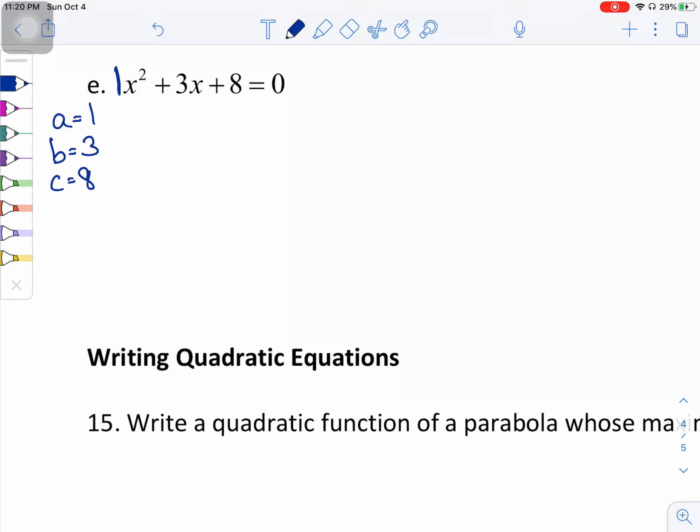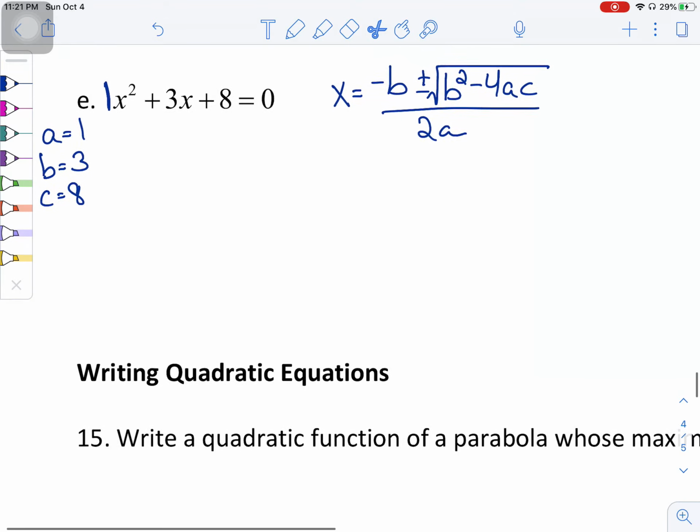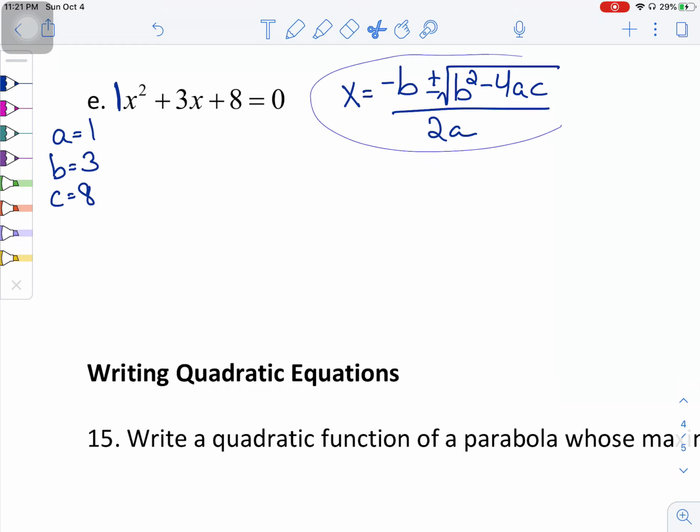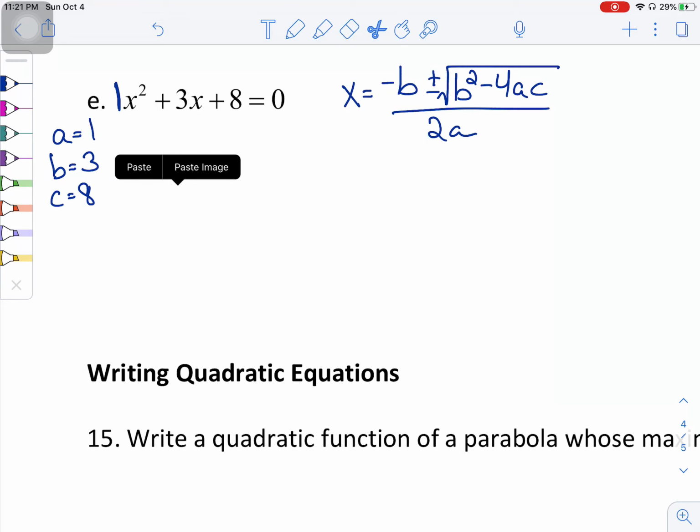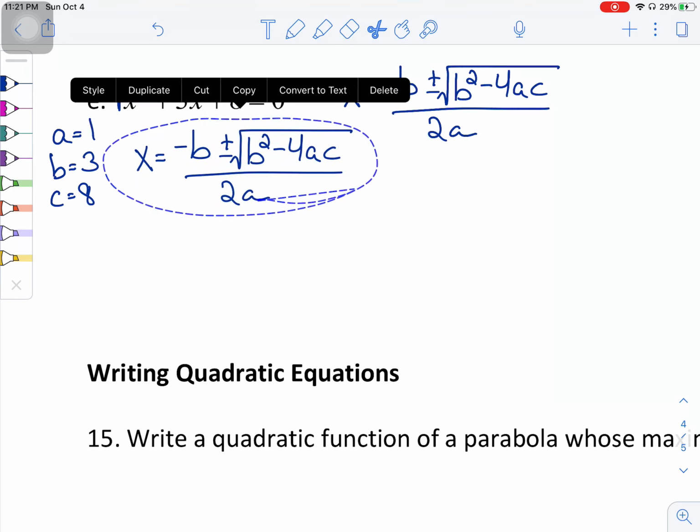Quadratic formula is up at the top corner of the page. I'm going to write it off to the side here. Opposite of B plus or minus the square root, B squared minus 4AC all over 2A. And I'm going to use this as a big substitution problem because that's what quadratic formula basically is.